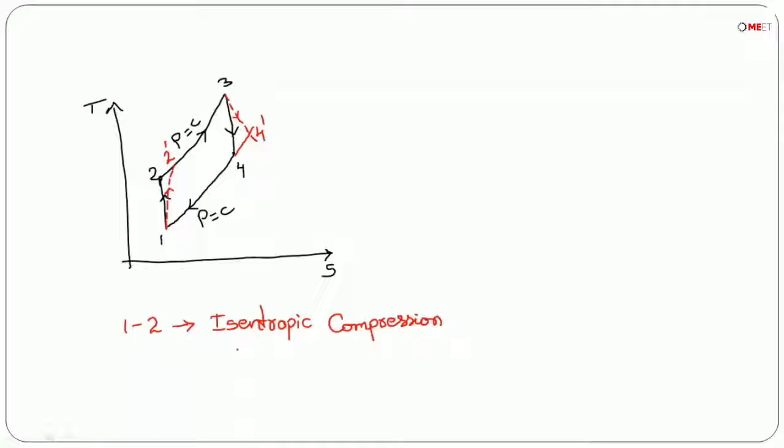So isentropic compression, the work input that we are giving to the compressor is the ideal work input, that is H2 minus H1, which is also written as gamma by gamma minus 1 into P2 V2 minus P1 V1.